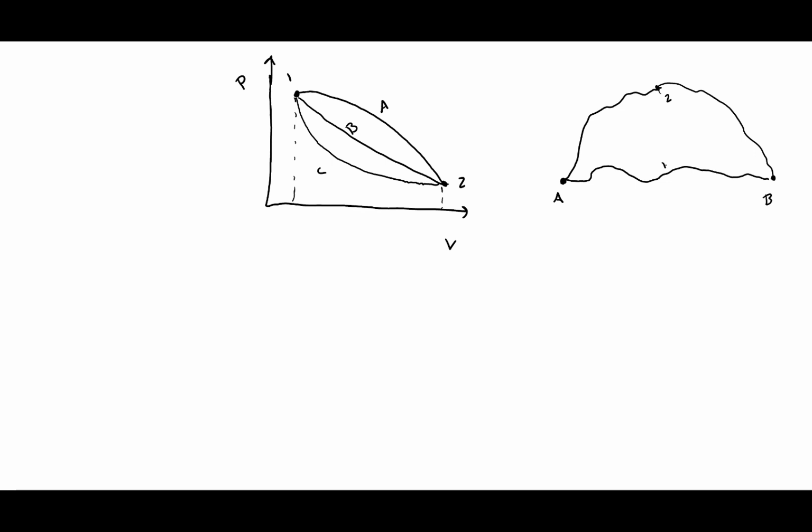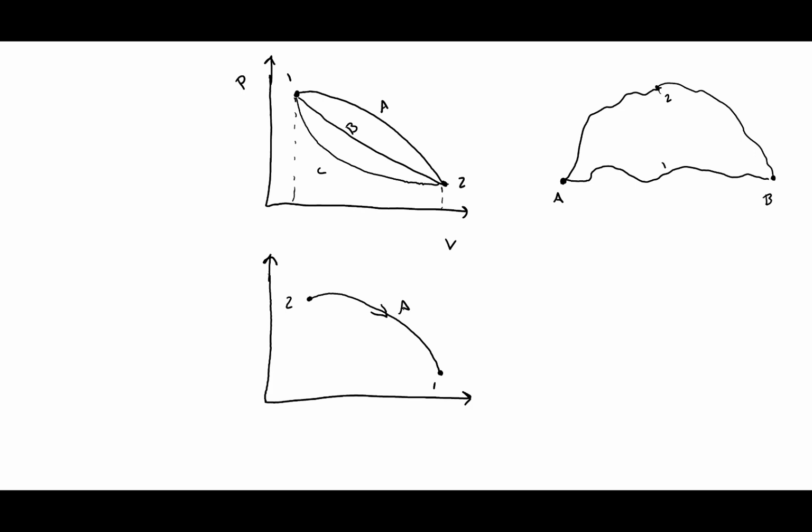And this also is a good thing because if you think about, let's say that we have a cyclic device. So let's call this 1 and 2. And let's say that we go from here, so this is A. I'm drawing the representation for a cyclic device.